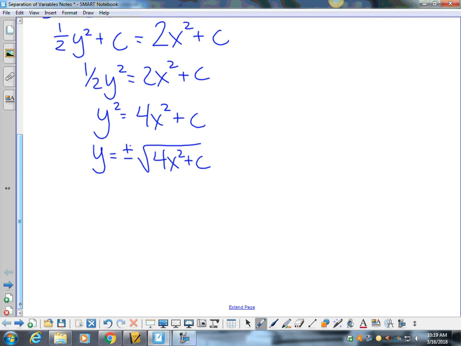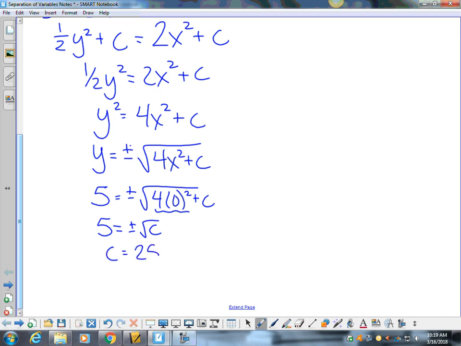So if I plug in my 5 for my y, my 0 for my x, this all goes to 0. So I have plus or minus the square root of c. So now what do I do? Yep, so c equals 25.